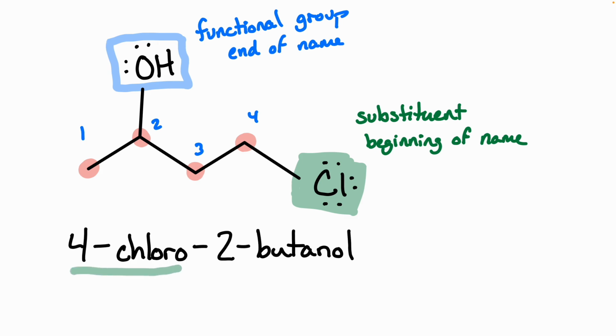My substituents at the beginning of my name. I got how many carbons and that they're all single bonds. And then I have that OL ending to indicate that this is an alcohol functional group.